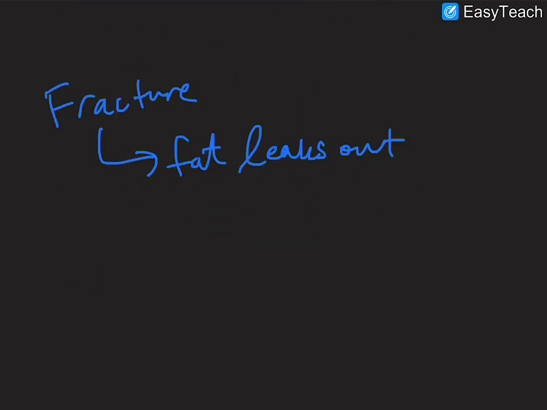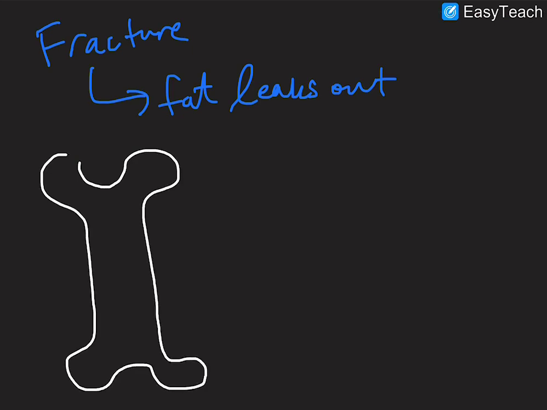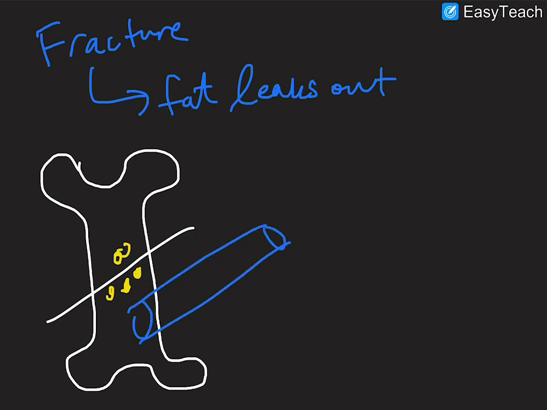If we draw a bone diagram here and you fracture your bone, fat can leak out and enter your damaged veins. So you get a lot of fat globules into your veins.